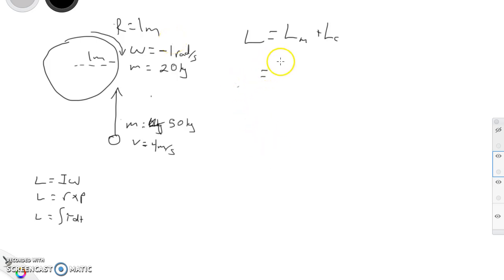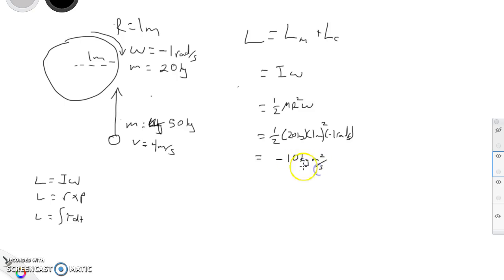So it's a disk, so I omega would be 1/2 m r squared omega, so 1/2 times our mass of 20 kilograms, our radius of 1 meter, and our angular velocity of -1 radians per second, giving us for the merry-go-round itself an angular momentum of negative 10 kilogram meters squared per second.